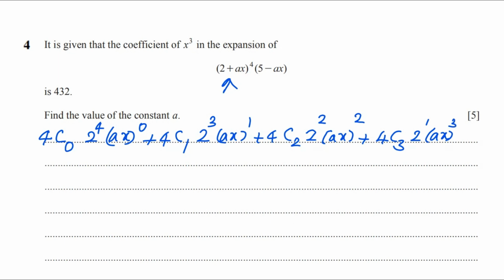We need to find the coefficient of x cube, so we'll write up to the x cube term only, and this is multiplied by (5 minus ax).